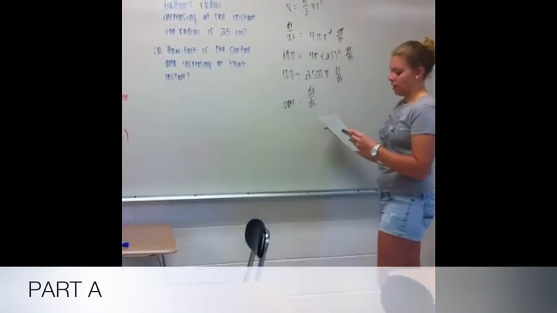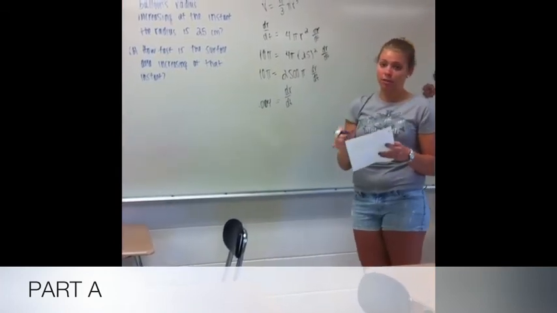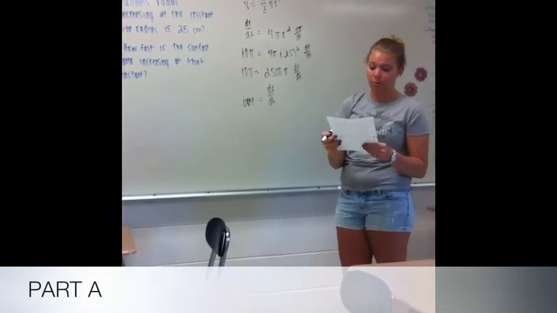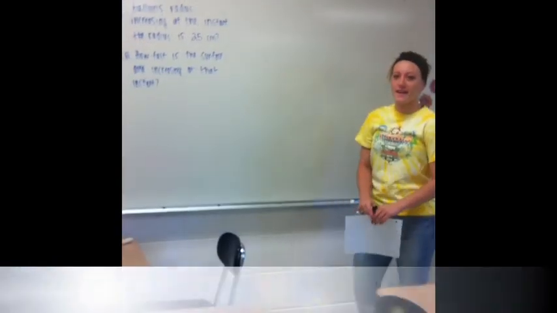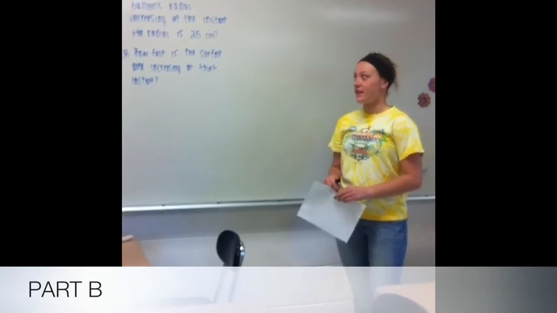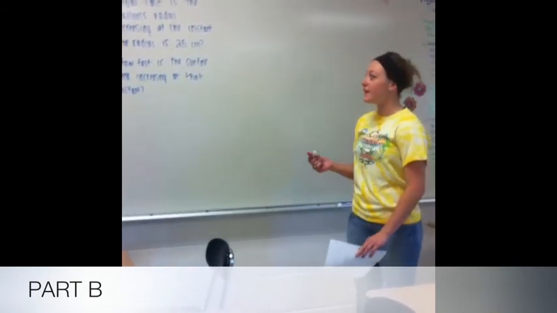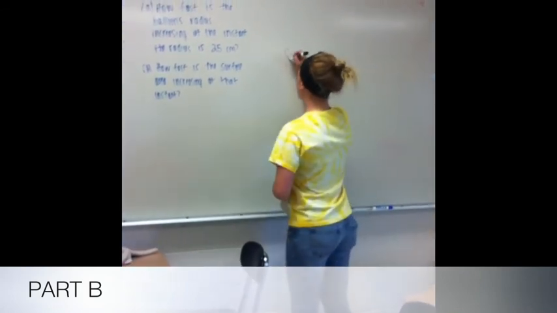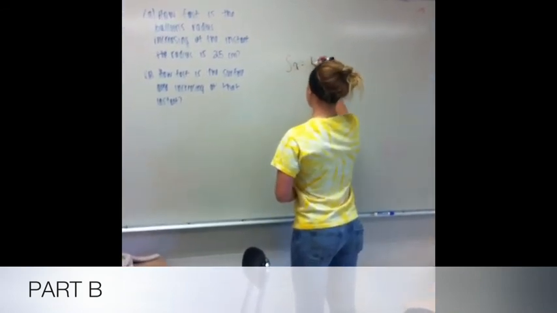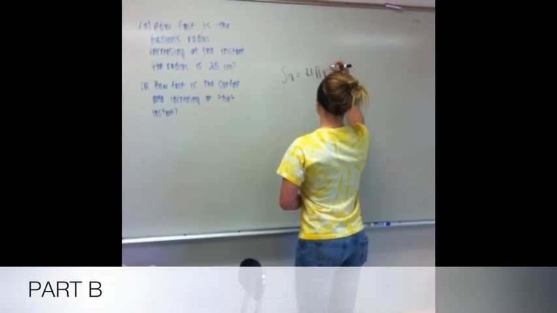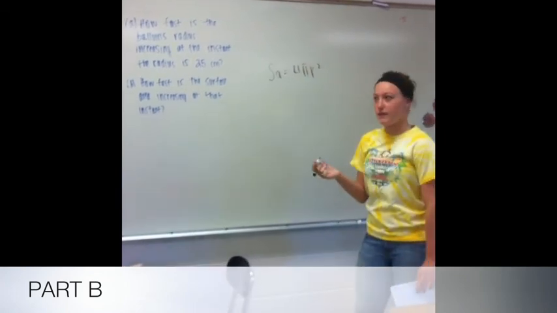And that means that the radius is increasing at 0.004 centimeters per minute. Now we're trying to find how fast the surface area is increasing at that instant. The surface area equation is 4 pi r squared. Then you want to take the derivative of that.